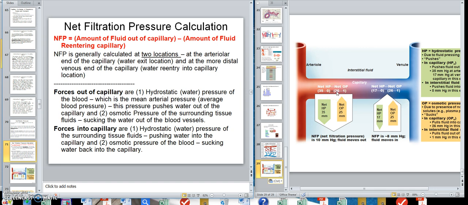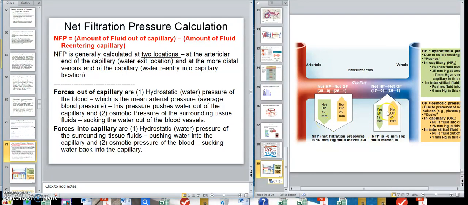This 26 is the blood osmotic pressure. So we had a 36 minus a 26, which gave us a 10 out. I want you to study that. So that's a 10 on this side, which means more pressure out.